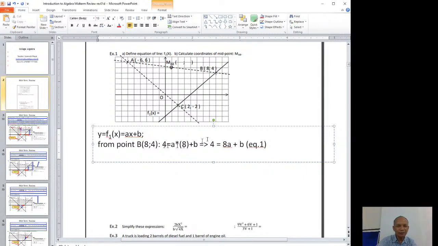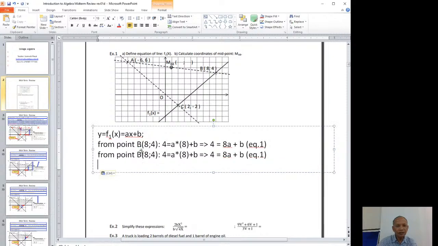Then same, you write the same thing. See, I will copy all this from point B. No, from point C. From point C, we have x equals 2, y equals negative 2. See, negative 2.